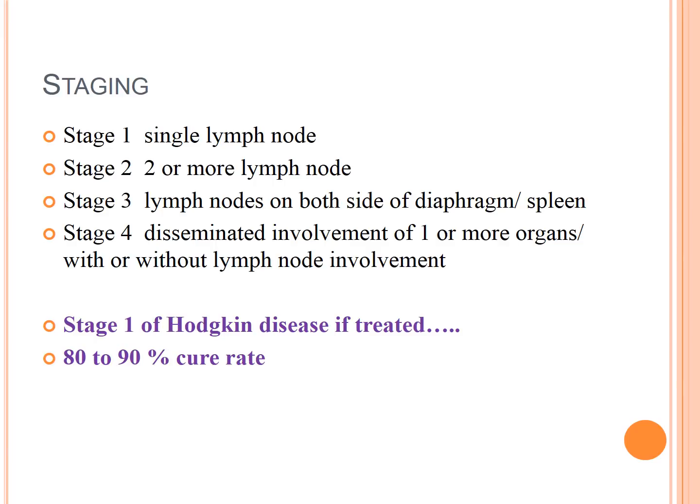If they can remove that lymph node and treat them, they have an 80 to 90% cure rate. But as you see, it goes forward to stage 2, stage 3, and stage 4, which would be the worst stage. Stage 4 is disseminated involvement of one or more organs with or without lymph node involvement. So this means disseminated, all throughout the body. Basically, at this point, it is systemic.